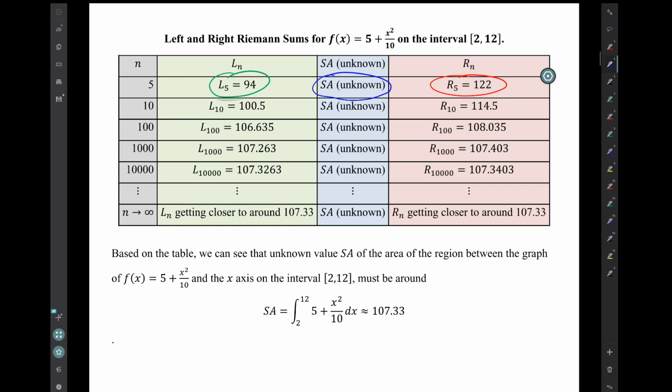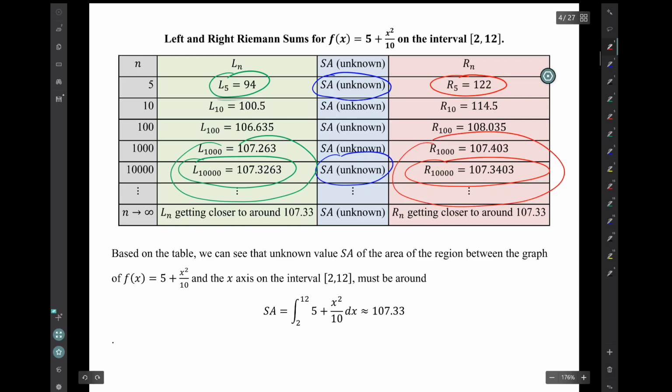Then we used a computer to find the left sums and right sums with more and more subintervals, more and more rectangles, all the way up to 10,000. Based on that area sandwich, knowing that the unknown signed area had to be between this number and this number, we made an estimate that the unknown blue area was probably around 107.33.